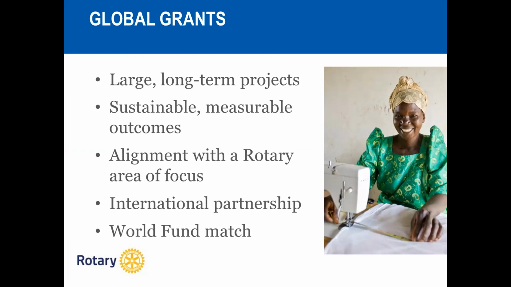These activities can include humanitarian projects, graduate level scholarships, and vocational training teams. A key feature of global grants is partnership between the club or district where the activity will occur and a club or district in another country. The global grant can go either way.